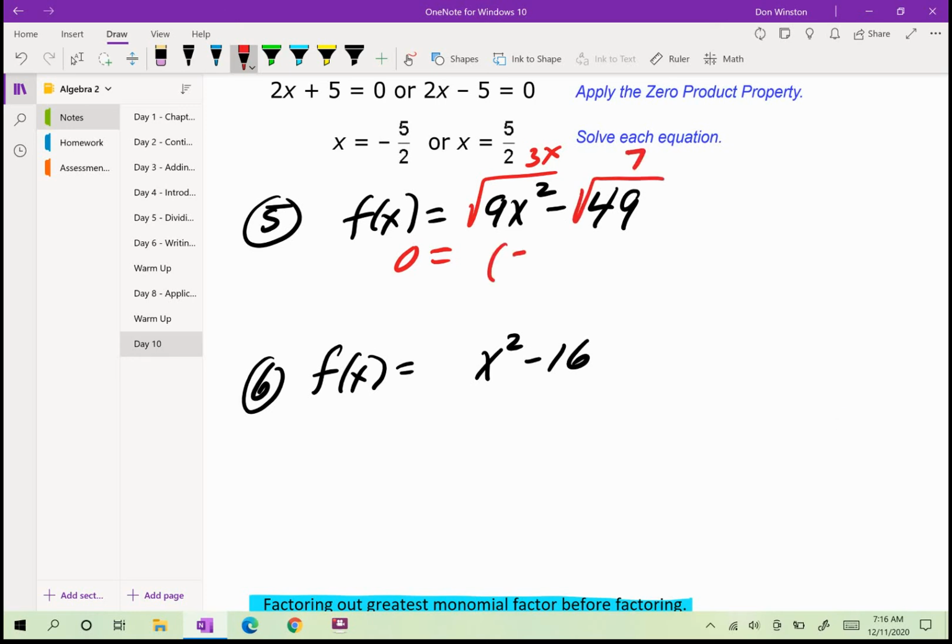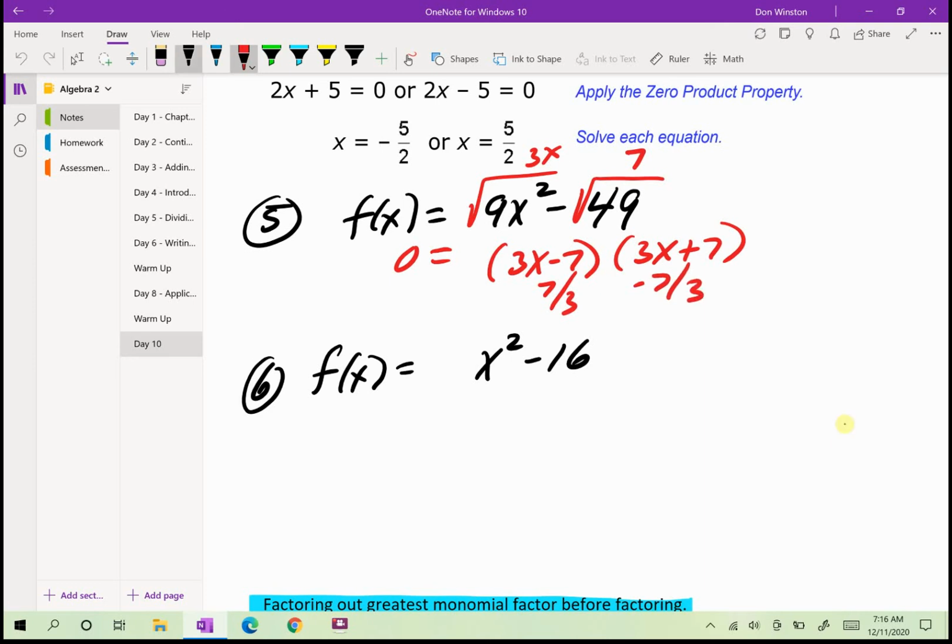When I factor that, I'll have 3x minus 7 times 3x plus 7. Then the zeros are x equal to 7/3 and negative 7/3.